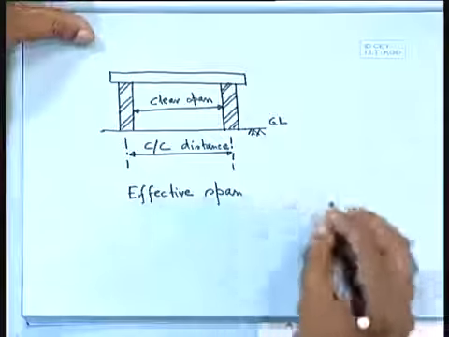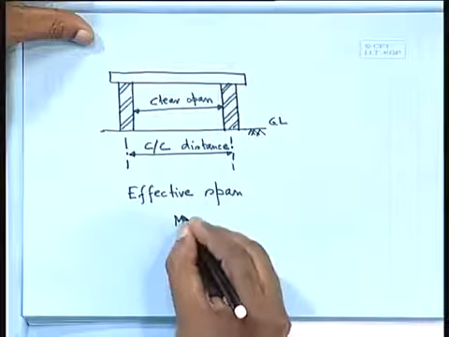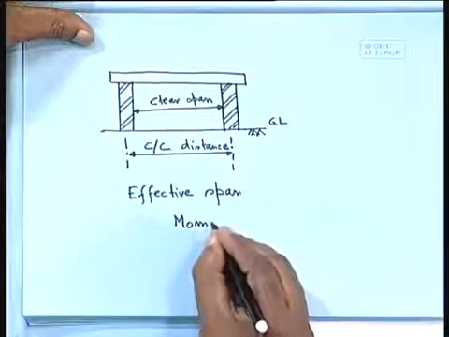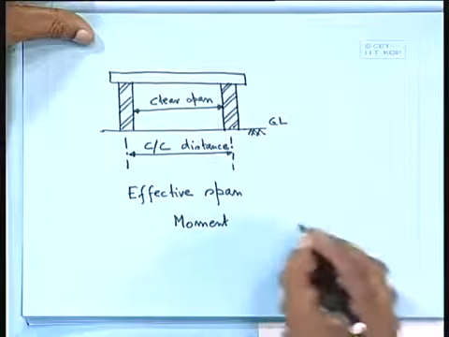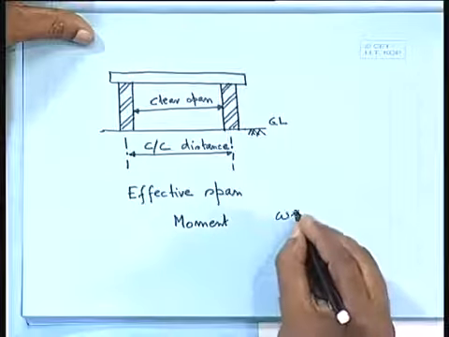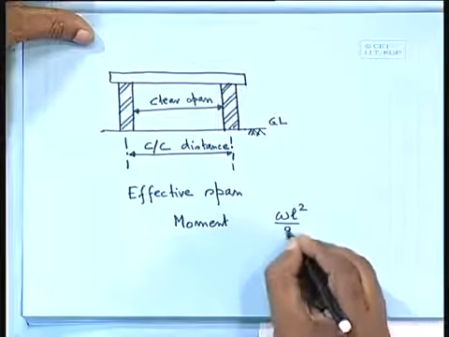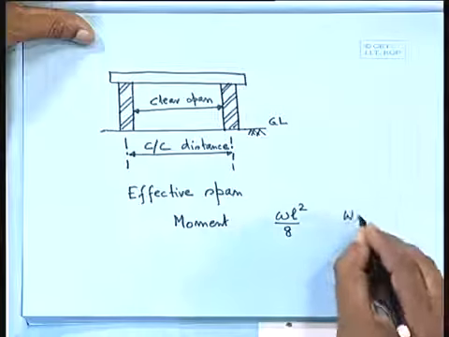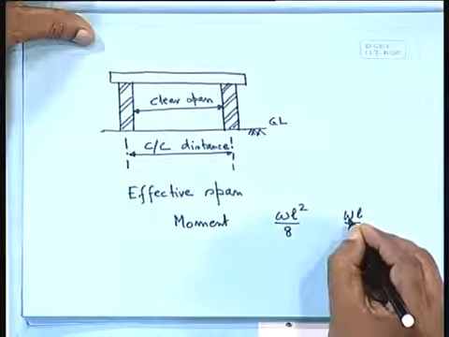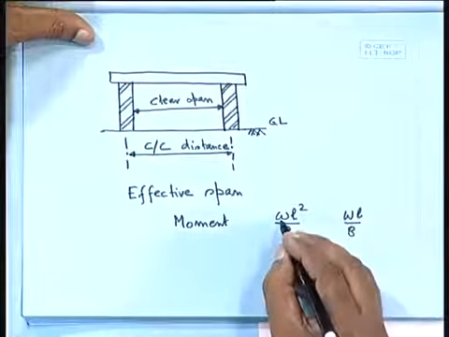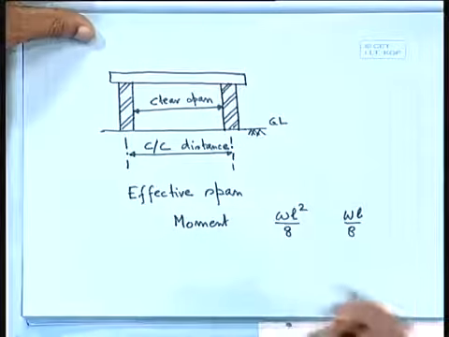Where we have to use this effective span? We have to use this effective span to calculate moment. So, for the simply supported case, let us say W L square by 8. You may find the other way also, W L by 8. W is the total load or W is the uniformly distributed load.